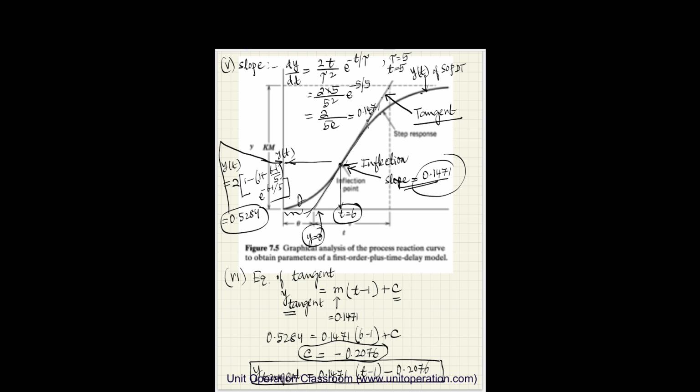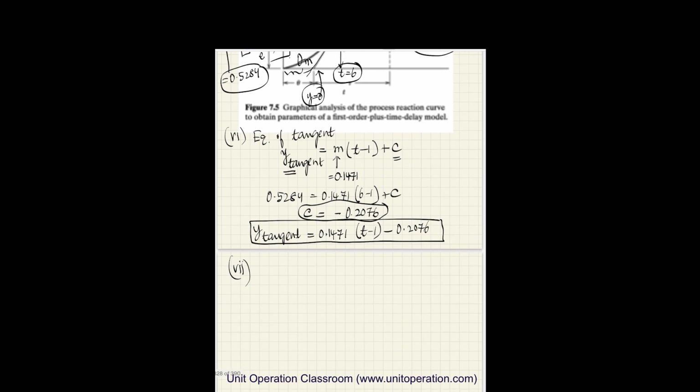You put y tangent is equal to 0, which is equal to 0.1471 times (theta m minus 1) minus 0.2076, from where we get the value of theta m is equal to 2.4103.